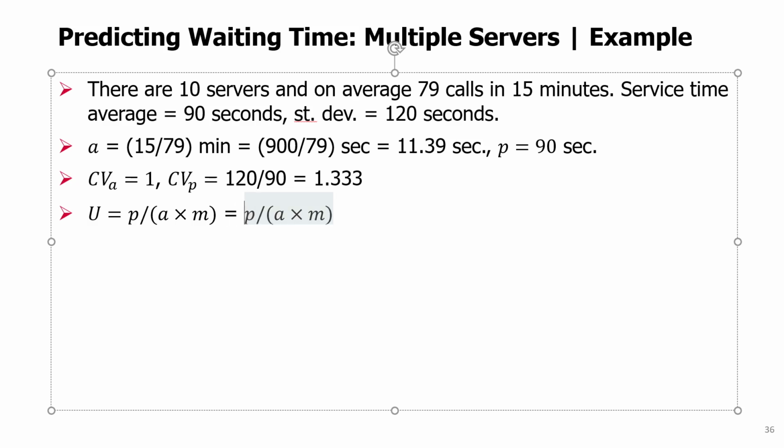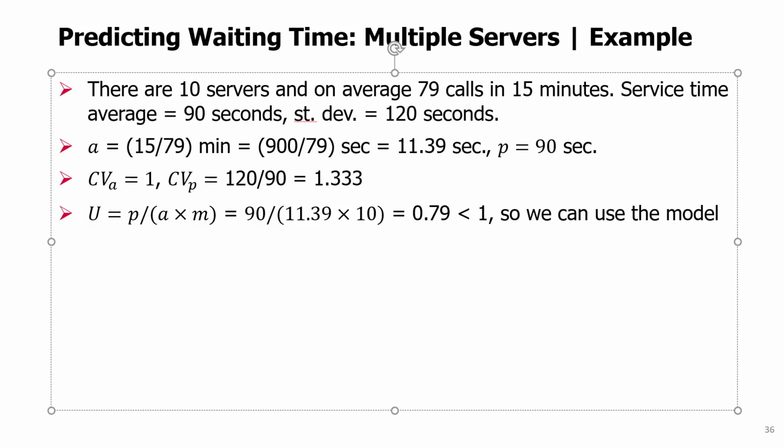It will be 90 seconds divided by A, which is 11.39, and this is 10. So the utilization will end up being 0.79. And notice that this is less than 1, which is important. So we can use the model, the model will work. Remember, this is a very important assumption. Before you apply the model, you have to check this.